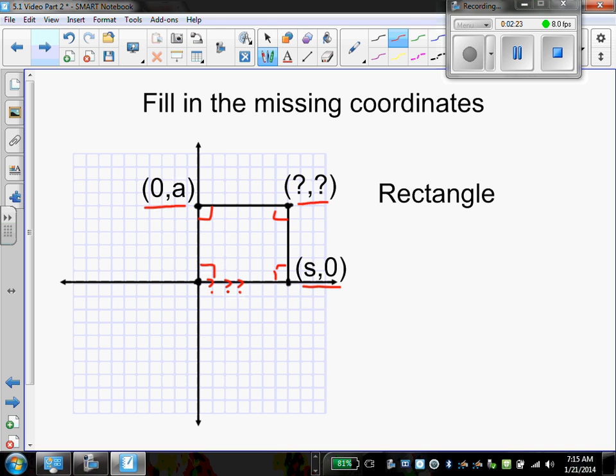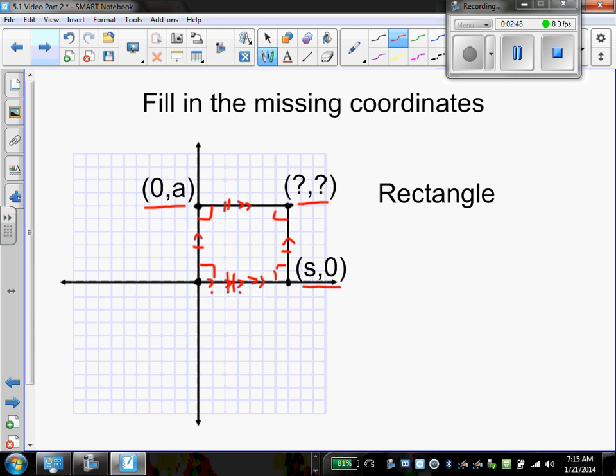And we also know that these two sides are parallel, and these two sides are parallel. So it makes it a rectangle. We also know that this side and this side are the same length, and that this side and this side are the same length. So we know a lot of important information.